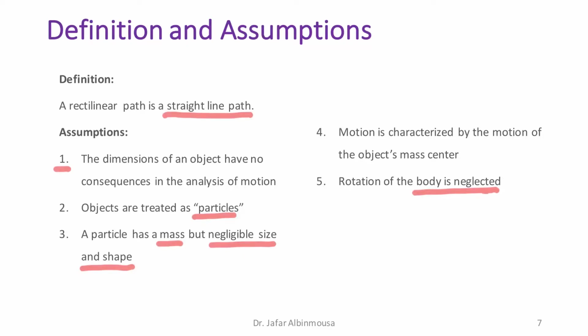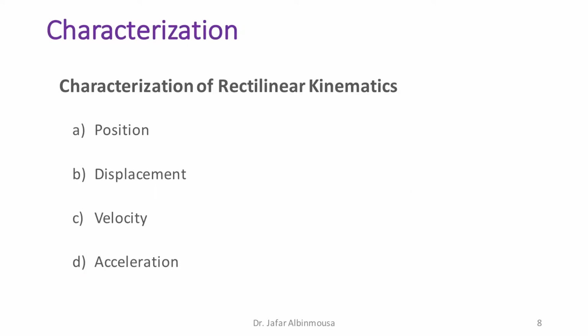Now, to characterize the rectilinear motion, we need to define the position, the displacement, the velocity, and acceleration. And by the way, this is what we are going to do again and again and again.